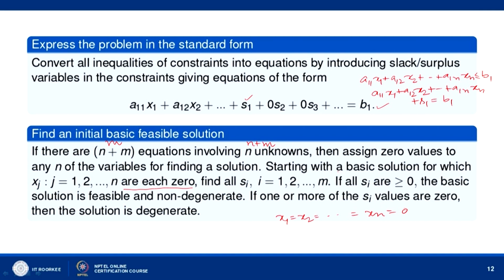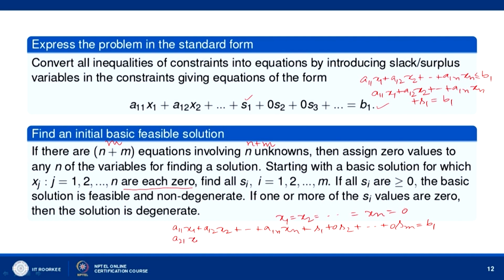So, suppose the equations are like this: a11 x1, a12 x2 and so on, a1n xn plus S1 plus 0 S2, 0 Sm equal to B1. This is the first equation.